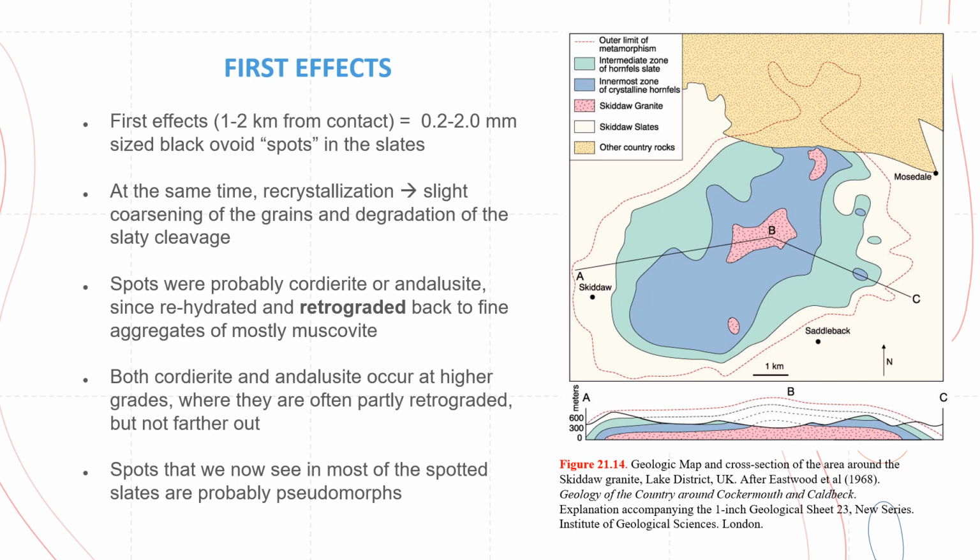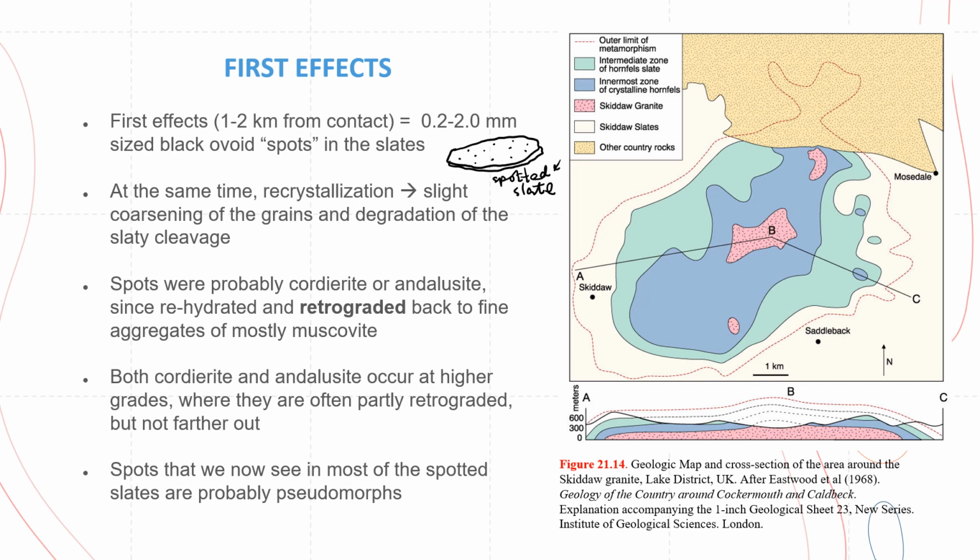What this looks like, we'll have a look at it when we talk about the classification of metamorphic rocks, but basically what this means is that you have your slate, but it has protruding spots on it, which gives its name as a spotted slate to emphasize that it has these spots. So at the same time, recrystallization has happened and you have this slight coarsening of grains and the degradation of this slaty cleavage.